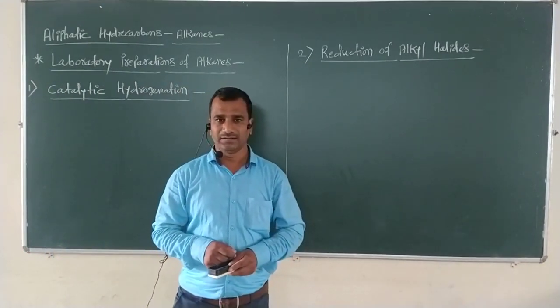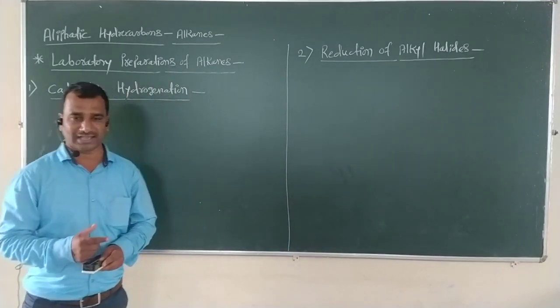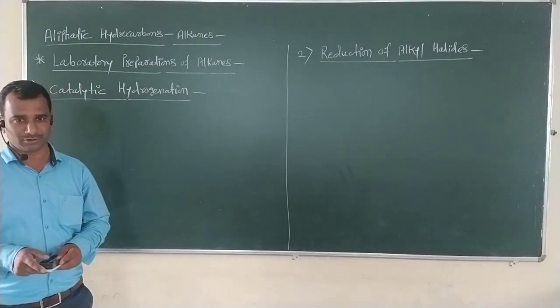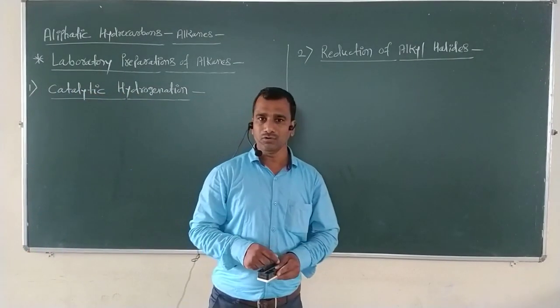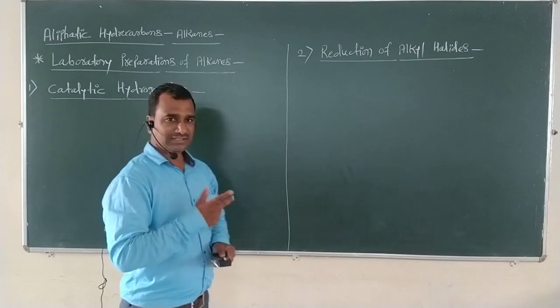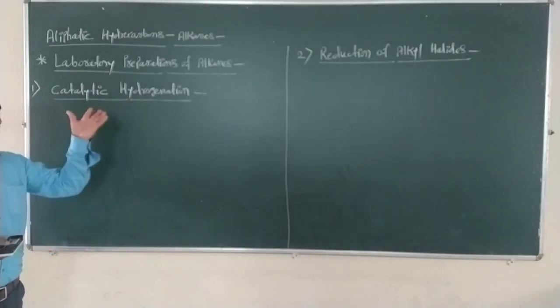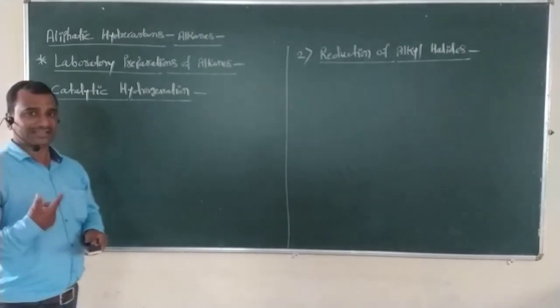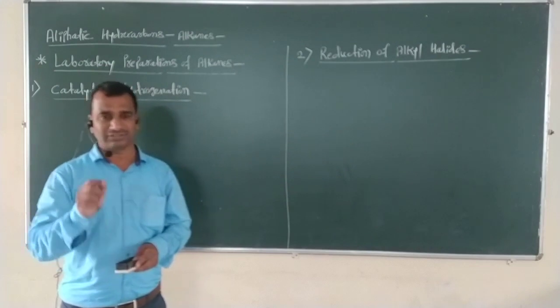Hydrogenation is a process in which we add molecular hydrogen across the carbon-carbon double bond. So, using these two simple words, we can define that in this method, we prepare alkanes by using a carbon-carbon double bond and a catalyst.